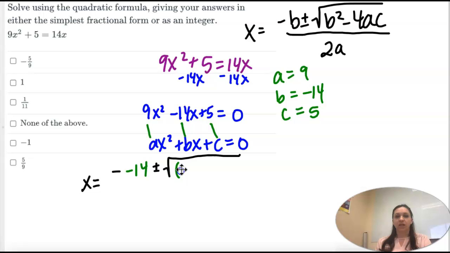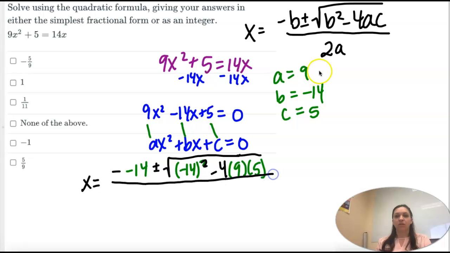B is negative 14 squared. Minus 4, and then AC. Well, A is 9, C is 5. And then a really big fraction all over 2 times A. And A is 9.